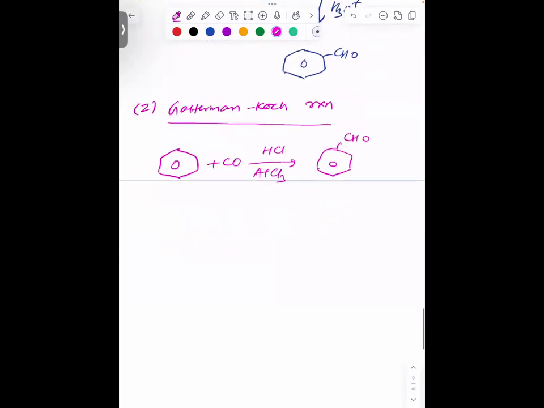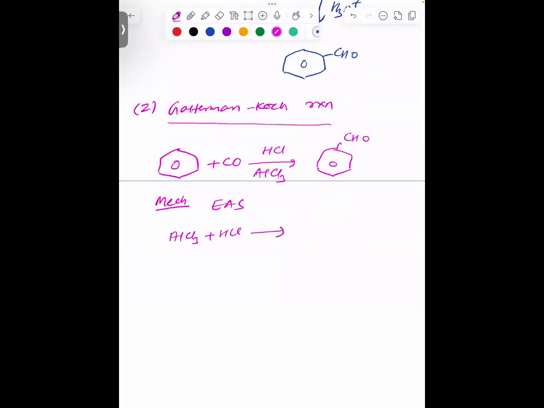Okay, so actually this one follows the mechanism of EAS, electrophilic aromatic substitution. Which is the electrophile here? We have taken AlCl3, anhydrous aluminum chloride, and HCl.